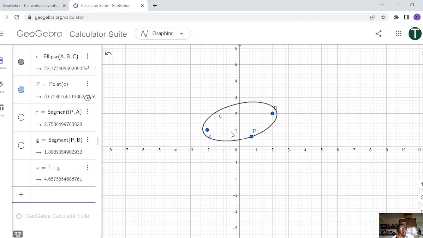So I will first draw the tangent. If I want to draw the tangent, I will have to simply write tangent. I will simply say at what point? At point P. Of what curve?